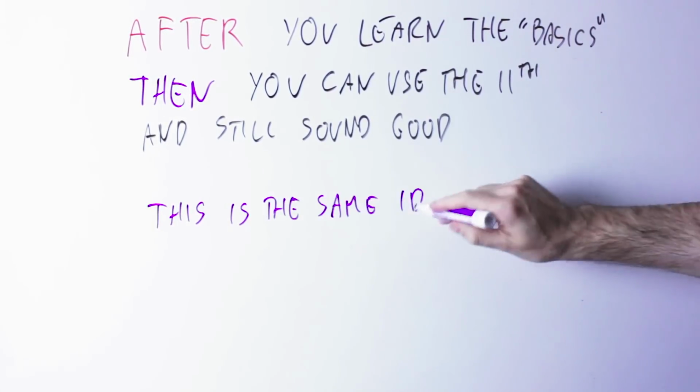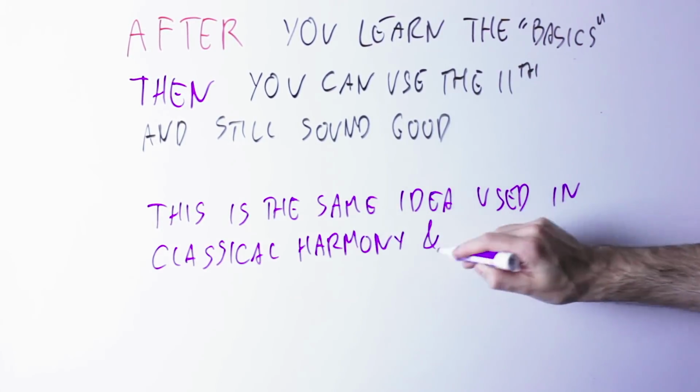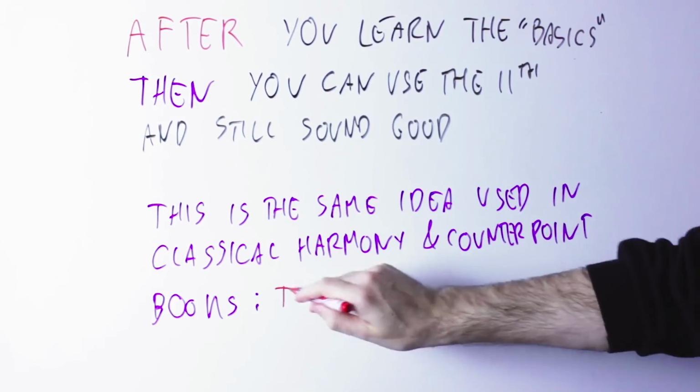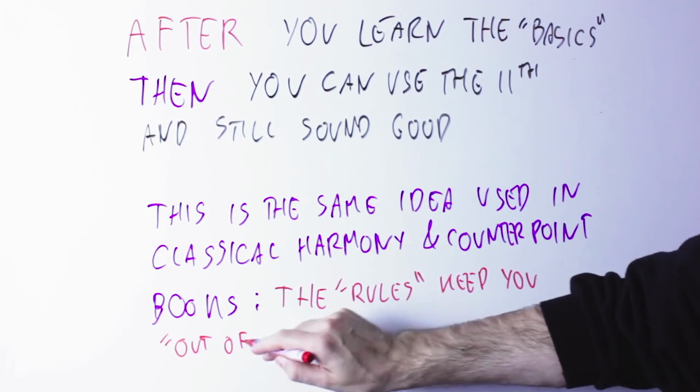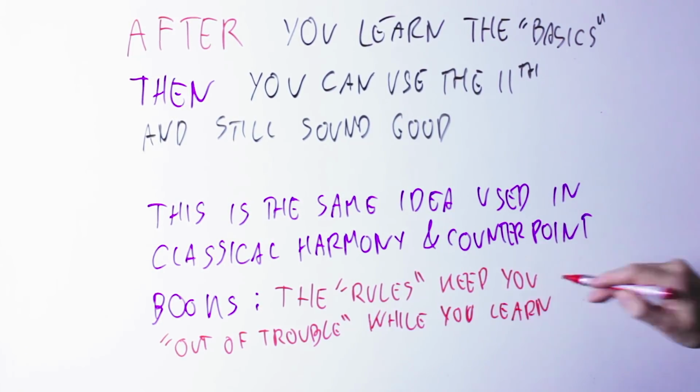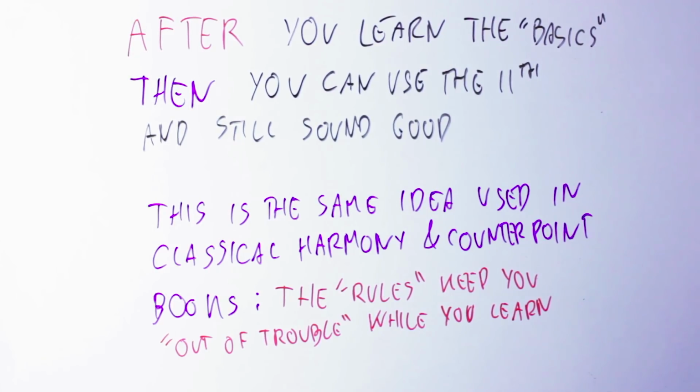This is nothing new. This is the exact same procedure that is used in classical harmony and counterpoint texts. All those complex rules that a counterpoint text will give you are just guidelines that help you, a beginner in counterpoint, to write in that style of music so that you are not getting in situations where it's hard to resolve those dissonances.